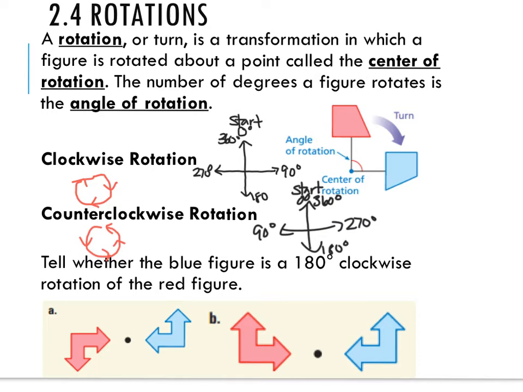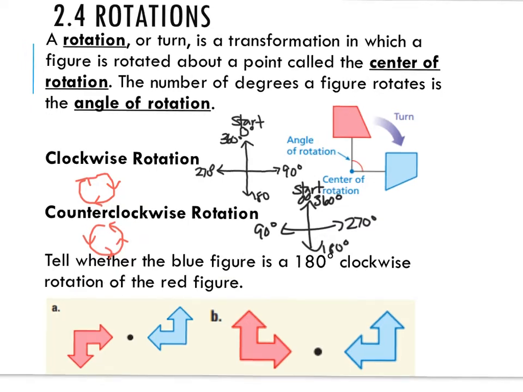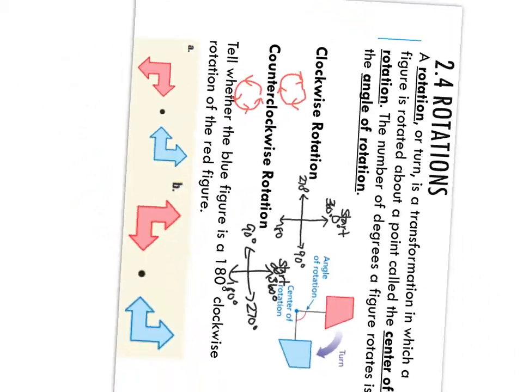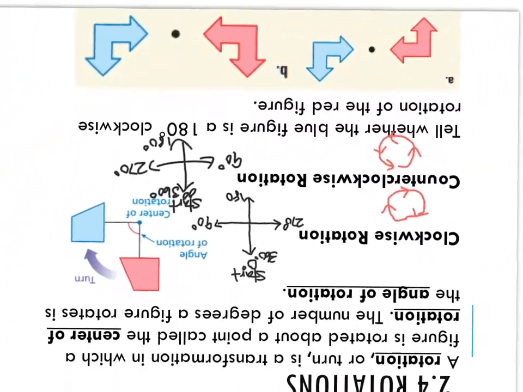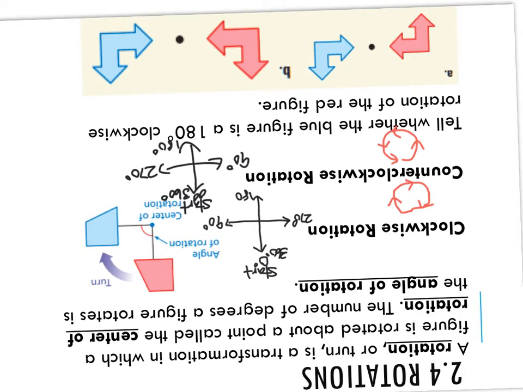You could think of it starting out like here, and if I turn it around 180 degrees, and it doesn't really matter which direction I go, is it going to look like this blue figure right there? You and I can actually take our paper and turn it 180 degrees. If you turn your paper so that the top is now the bottom, that would be 180 degrees. Does that red one now look like what the blue one was?